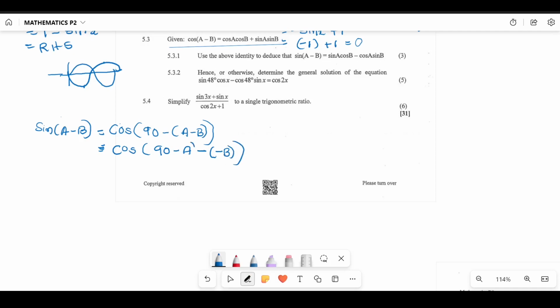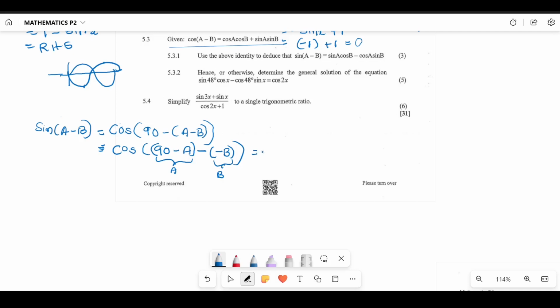So 90 minus a is going to be together as the first angle, then as b we have a minus b. Now, this whole thing stands for a in the formula, and this stands for b in the formula.